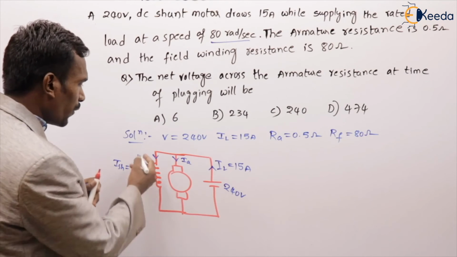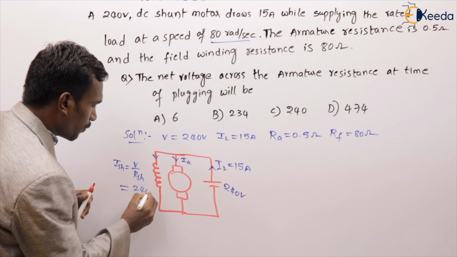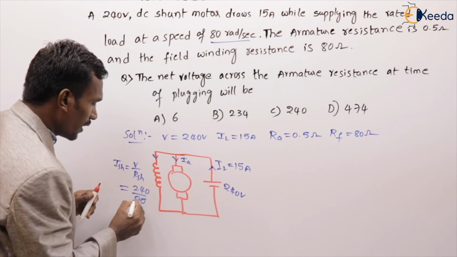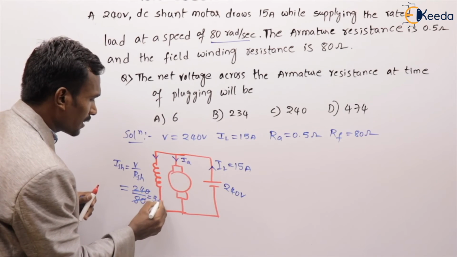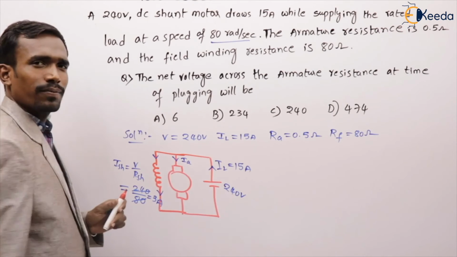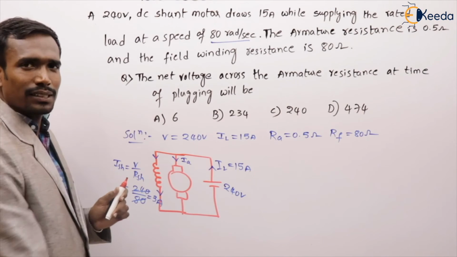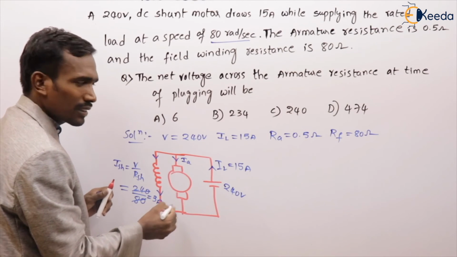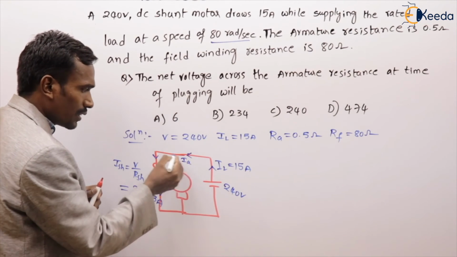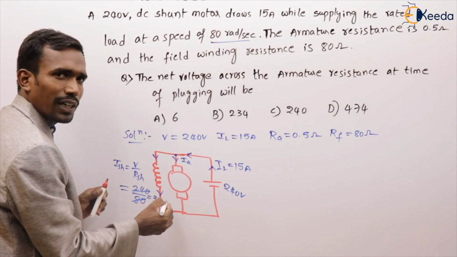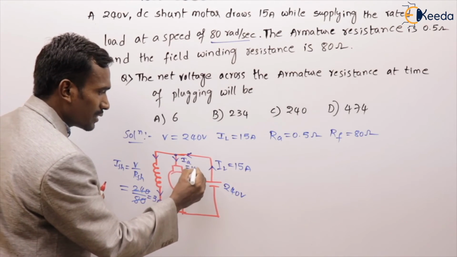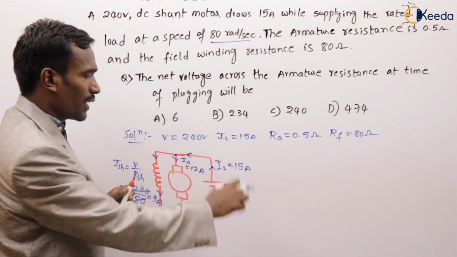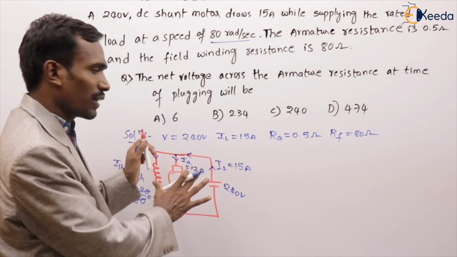V is the supply voltage, 240 volts, and the given field resistance is 80 ohms. Finally, 3 amperes of current flows here, ISH of 3 amperes. Of the 15 amperes that come here, 3 amperes go to the field winding, and the remaining IA is equal to 12 amperes. My armature current is 12 amperes. This is our data.